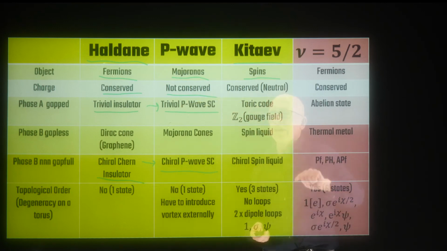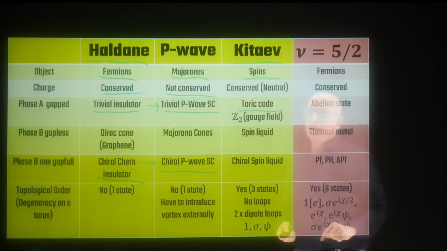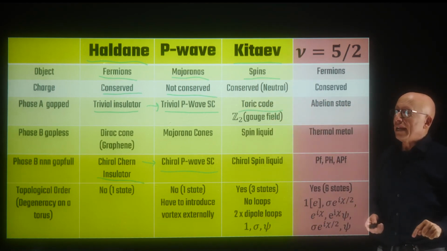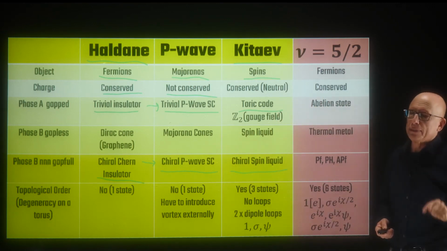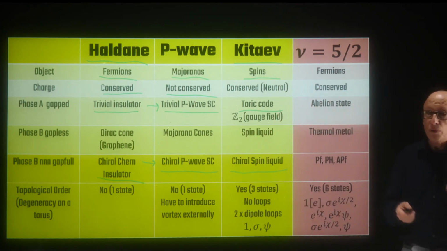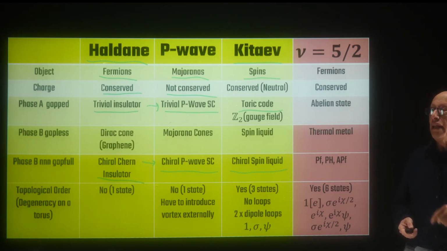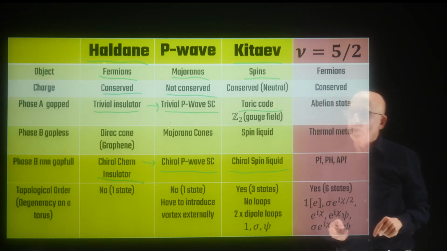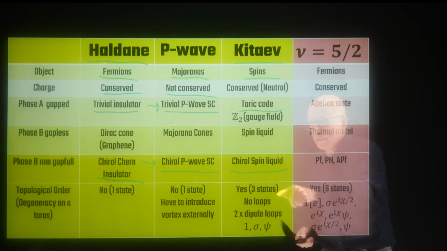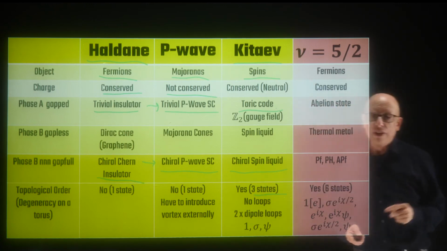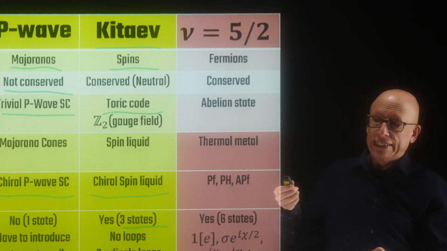The analog of the trivial insulator and the trivial superconductor is the abelian toric code phase, and the analog of the other 2 here is the chiral non-abelian spin liquid. Now we have a topologically ordered state. And if it's abelian, as Erez showed to you, the ground state degeneracy on a torus is 4. And if it's non-abelian, the ground state degeneracy is only 3. But it's a topologically ordered state.